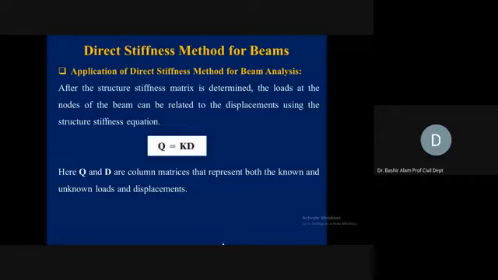So Q is for the load. Now, remember when we say load, it will include the support reactions, or it will show the loads acting on the nodes.